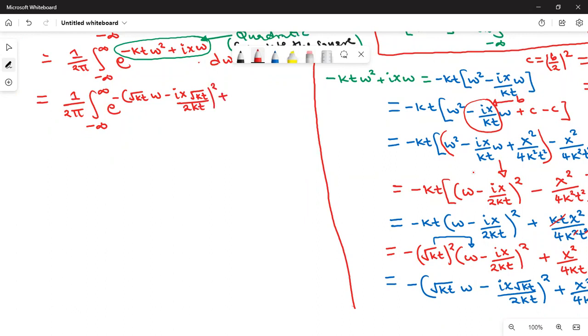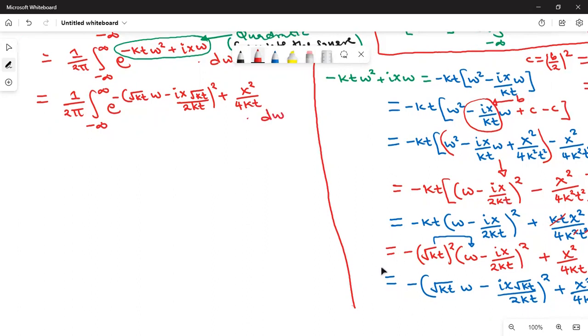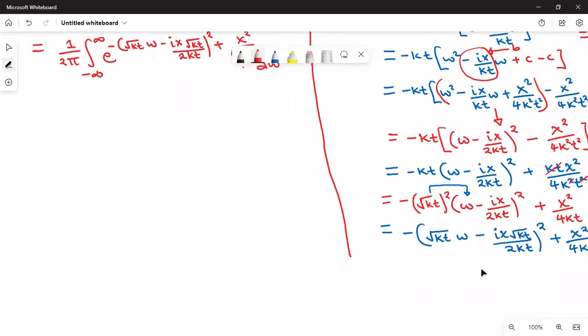Then plus x squared over 4kt, integrating with respect to omega. That's what we got when we complete the square.